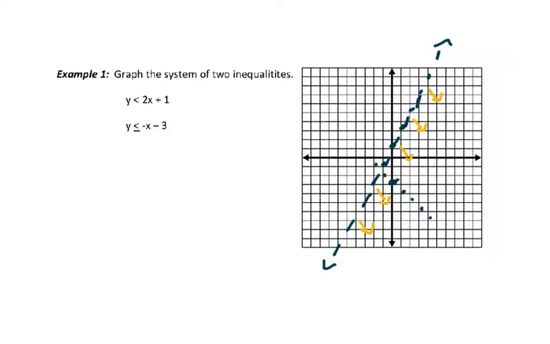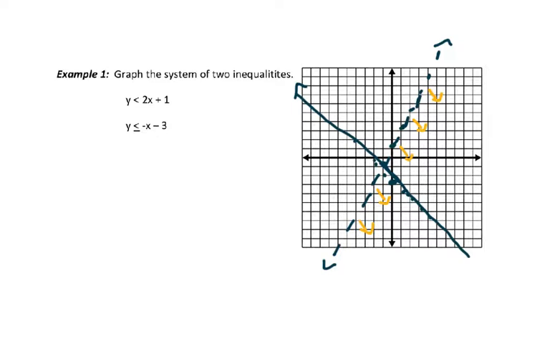And this one we know is going to be a solid line. So as best I can on here, I'm going to draw in my solid line. I know my graphing's not great with this pen, but I'm trying the best I can here.